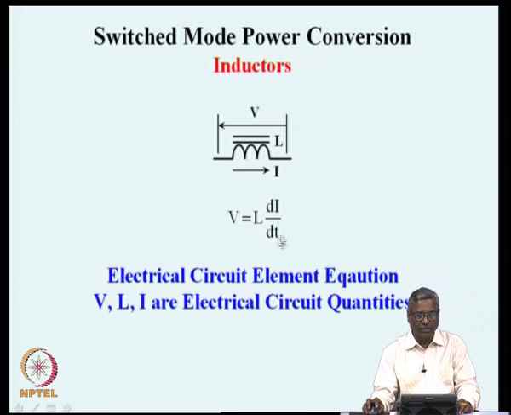This is the electrical circuit equation of an inductive element, where V and I are the two electrical variables: the voltage across the inductor and the current through the inductor, related through the inductance value L. The unit for L is Henry, the voltage unit is volts, and the unit for current is ampere.